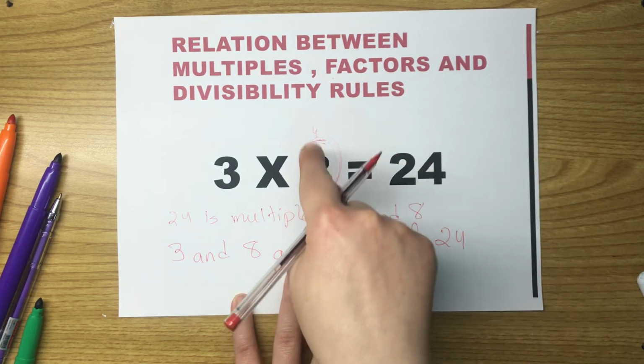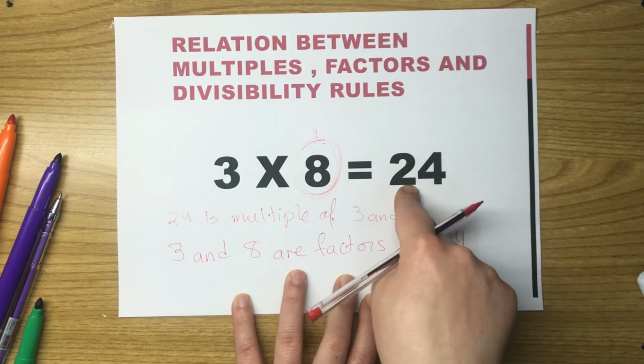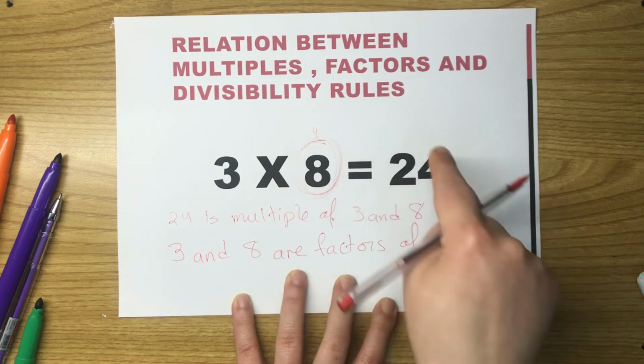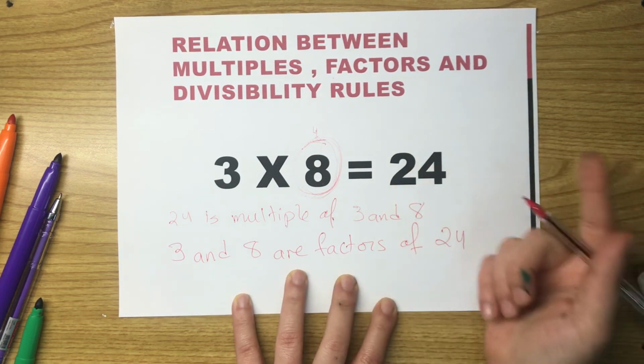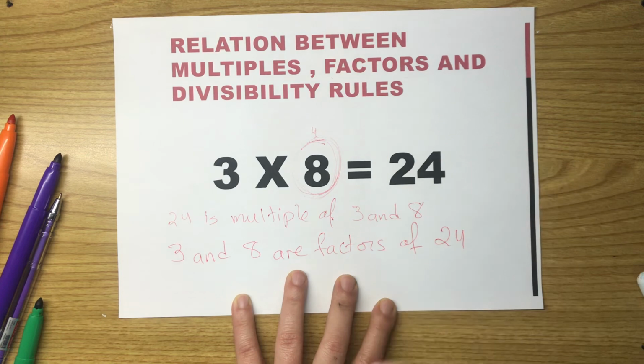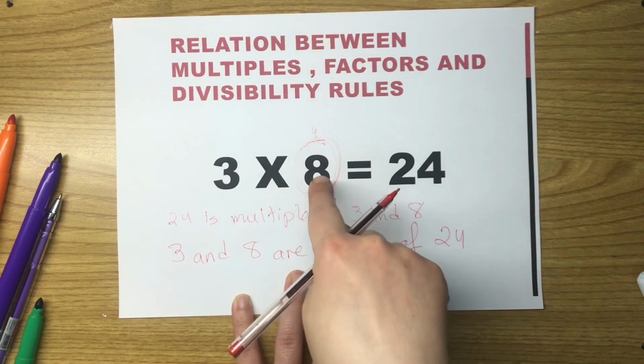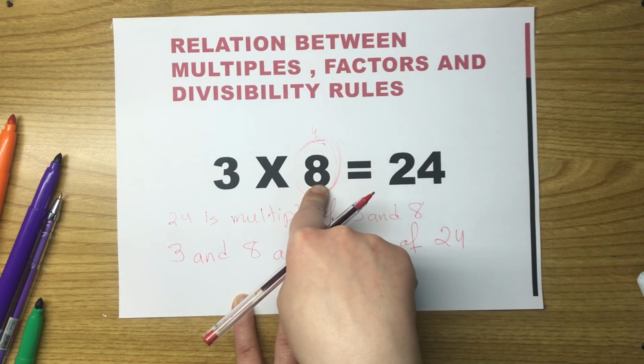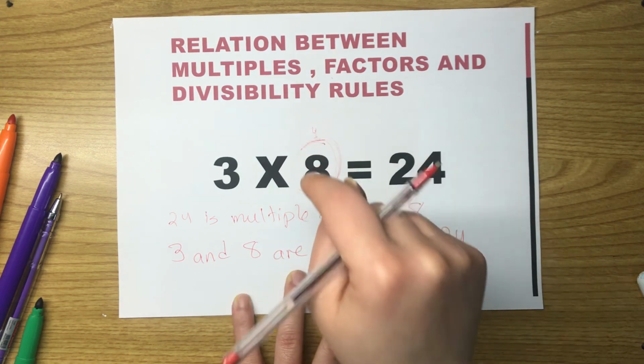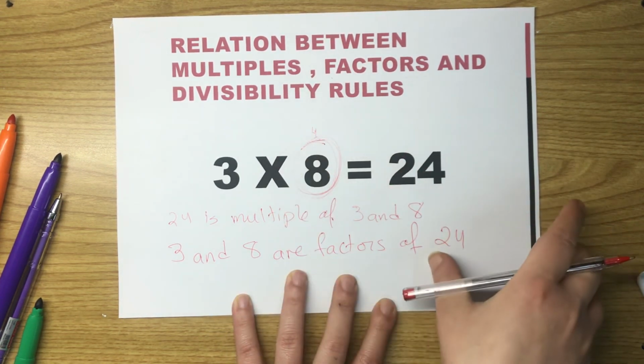As long as 8 can divide 24, then 4 can divide 24. So again, any number that can be divided by 8 or is a multiple of 8 is definitely going to be a multiple of 4 and can be divided by 4.